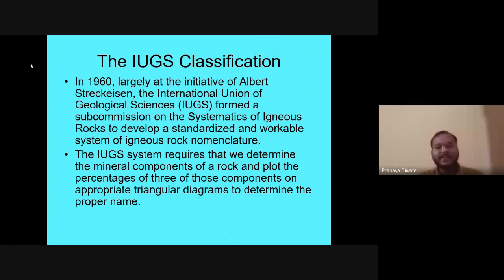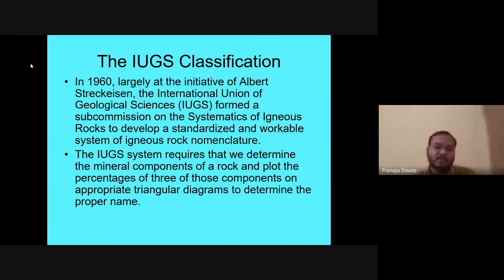In 1960, largely at the initiative of Albert Streckeisen, the International Union of Geological Sciences formed a sub-commission on the systematics of igneous rocks to develop a standardized and workable system of igneous rock nomenclature.